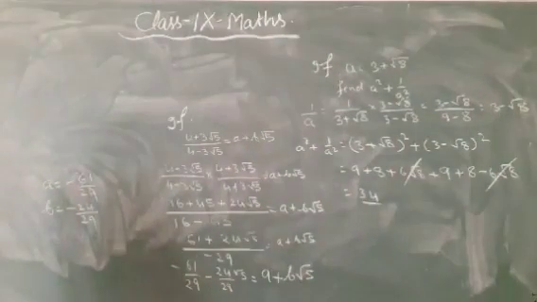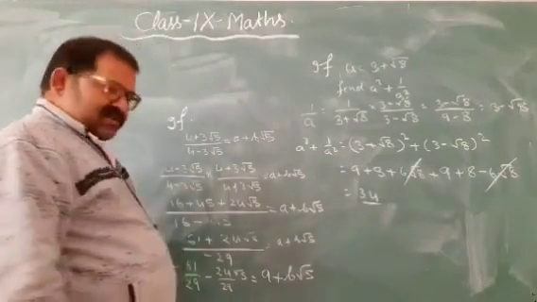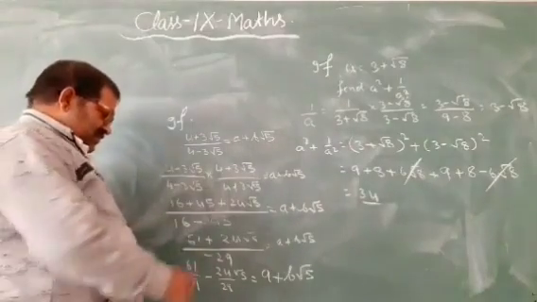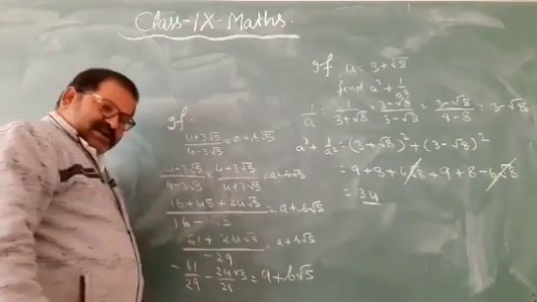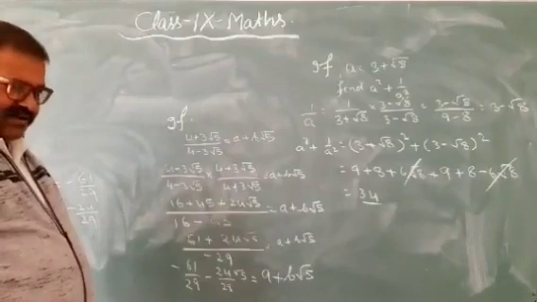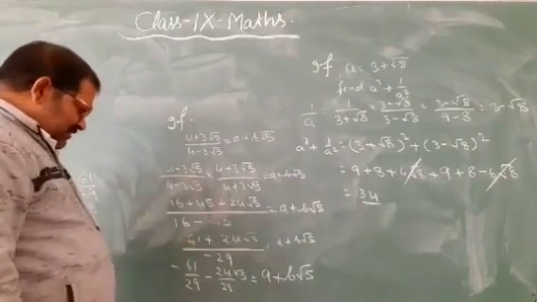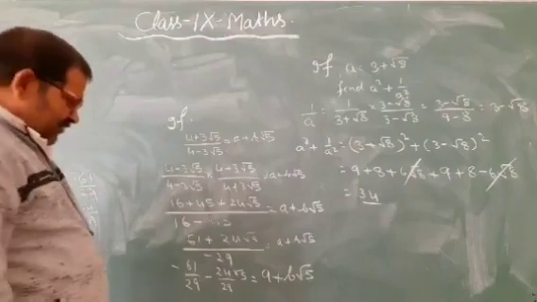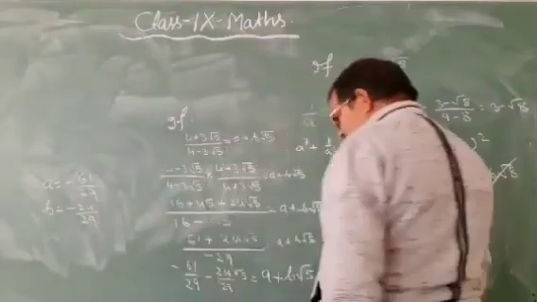So 16 plus 45 plus 24 under root 5 upon 16 minus 45. The same numbers are added and the denominator is written as 61 plus 24 under root 5 upon minus 29.